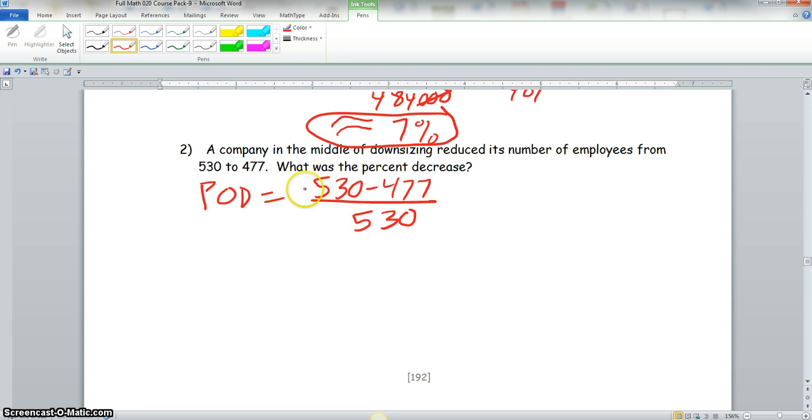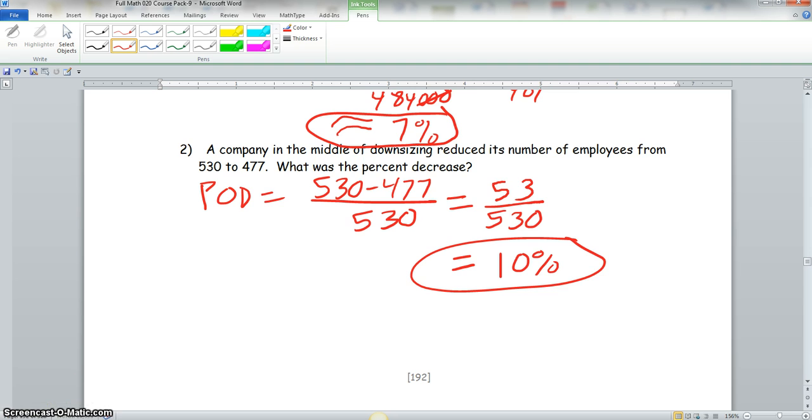Now the original number here happens to be the larger number. Now we subtract. 530 minus 477 will give us 53, so 53 over 530. Now when we divide this out, this will give us exactly 10%. And that is our final answer.